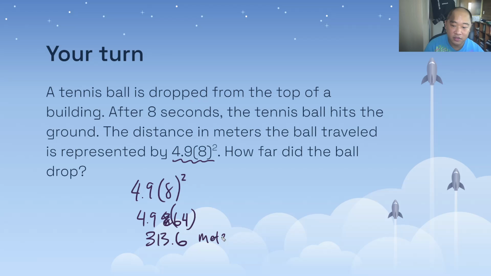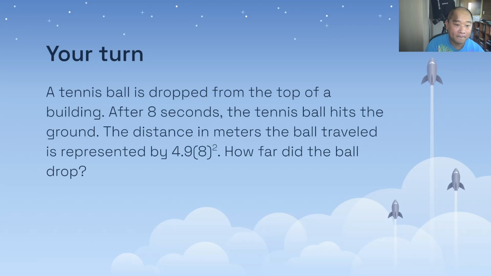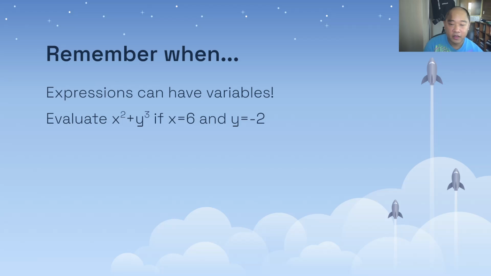313.6 meters. Okay. Remember variables? Yes, I'm sure you do. Let's say we're going to evaluate this expression with variables, and we're told that x equals 6 and y equals -2.